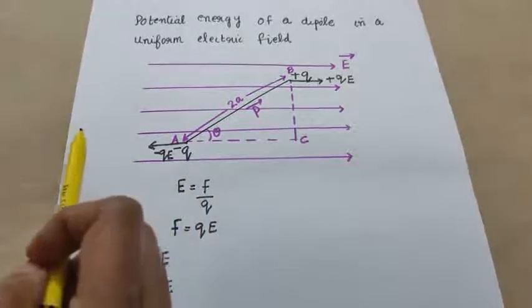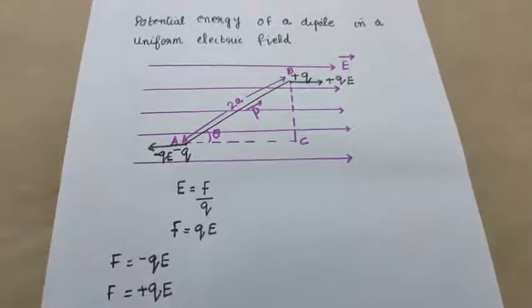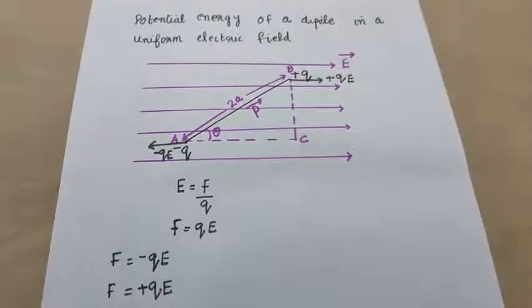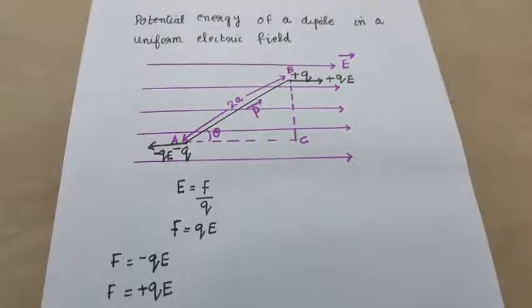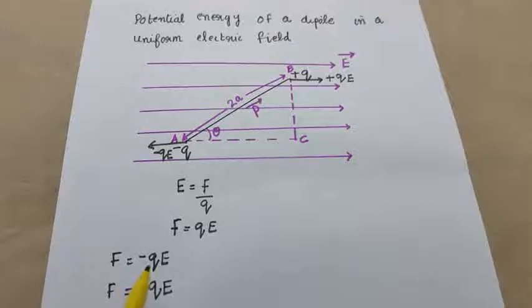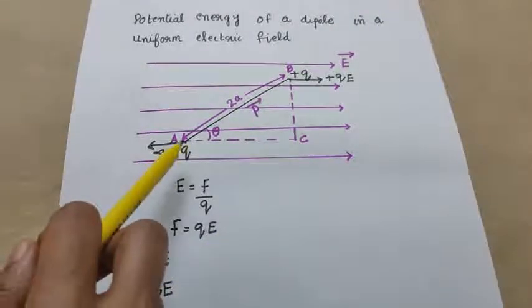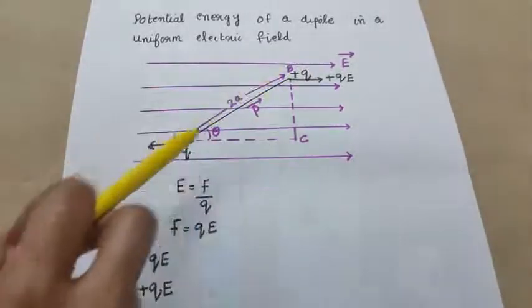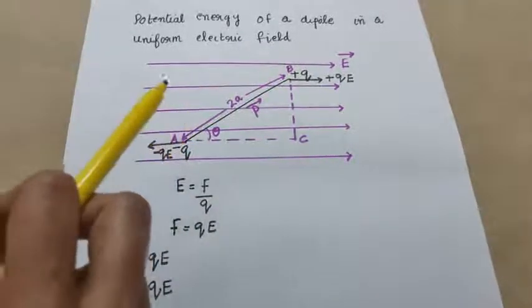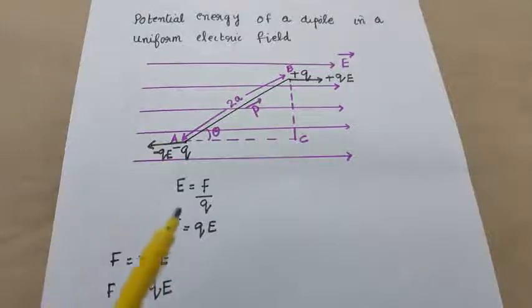So here our electric dipole, when placed in an electric field, experiences two equal and opposite forces, plus QE and minus QE, acting on its two ends. These two forces form a couple.